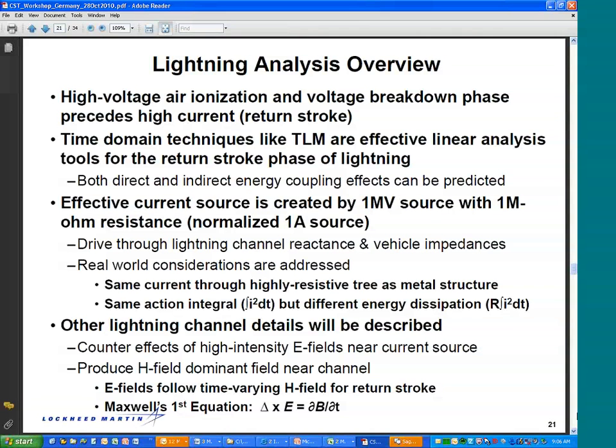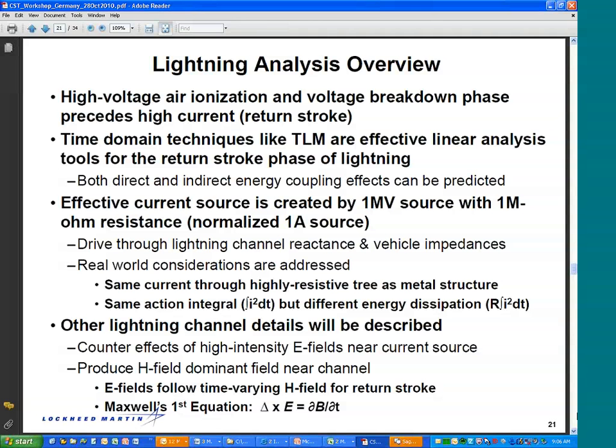And this is a real world consideration, because with lightning coming from a cloud ceiling and developing all the way from the cloud to the ground, or hitting a flying vehicle and then exiting the trailing edge to create a channel down to the ground, after all of that potential energy and all that work done to create the channel, lightning current's not going to say, well, you're a tree, I'm not going to give you as much current.